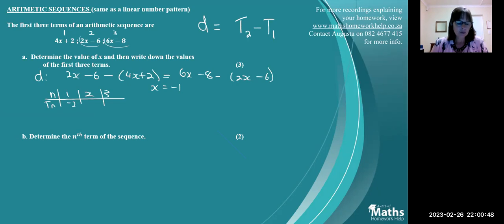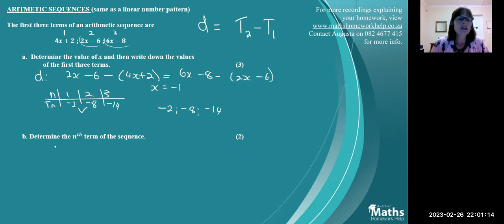Sub into the next formula, and you should get negative 8 and negative 14. What we did was look at the d value, find the value of x, and then write down the value of the first 3 terms. So therefore, it's negative 2, negative 8, negative 14.